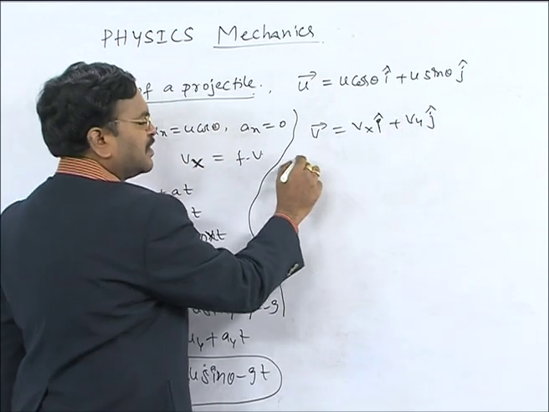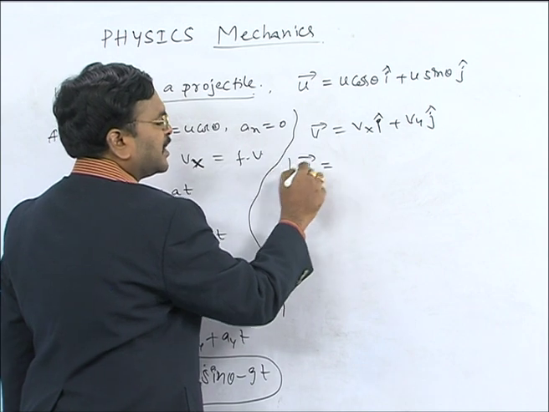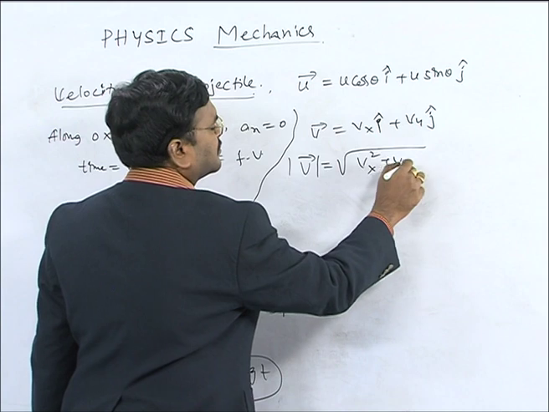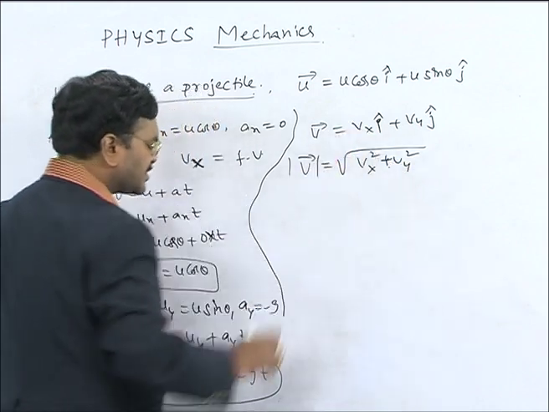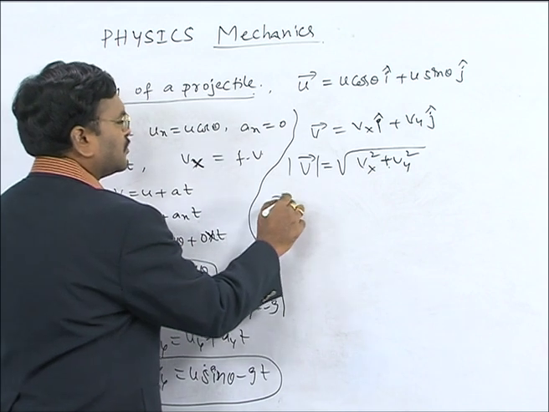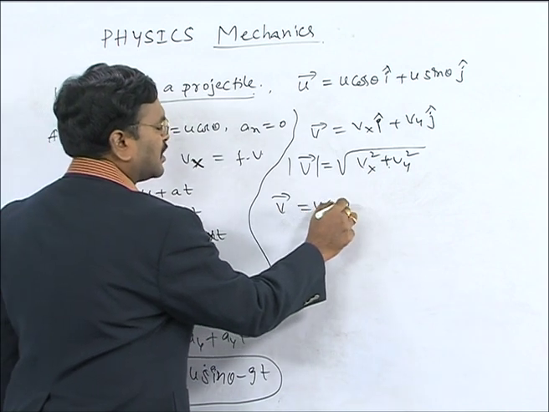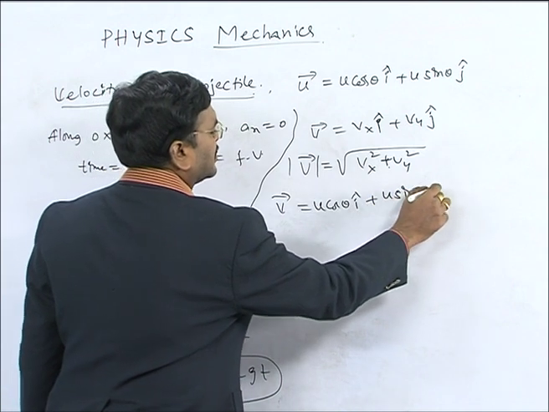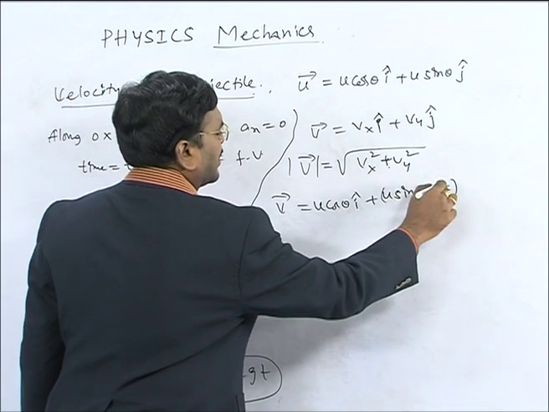From this, the magnitude of v bar is the under root of vx square plus vy square. Vx is u cos theta, so v bar is equal to u cos theta i cap plus u sin theta minus gt j cap.